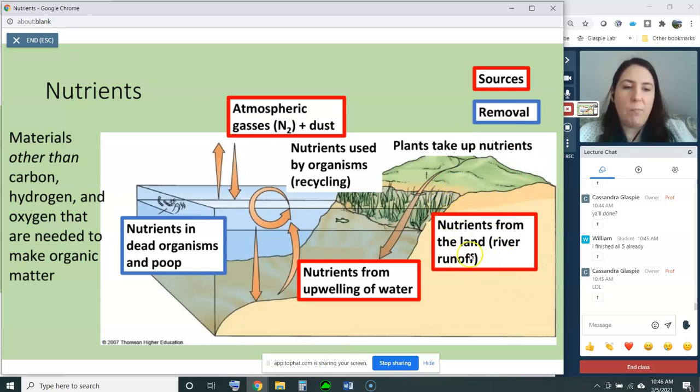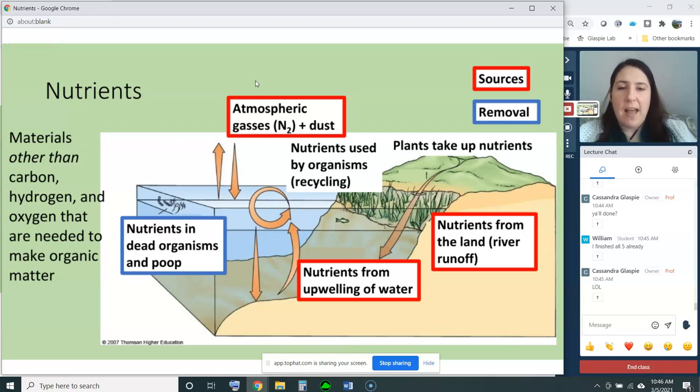Okay, so these nutrients can come from the red box sources. So they can come from the land as river runoff. That would be the example that you heard about in the video. It can come as nutrients from upwelling of water from the deep. And they can come from the atmosphere, such as from gases and from dust.